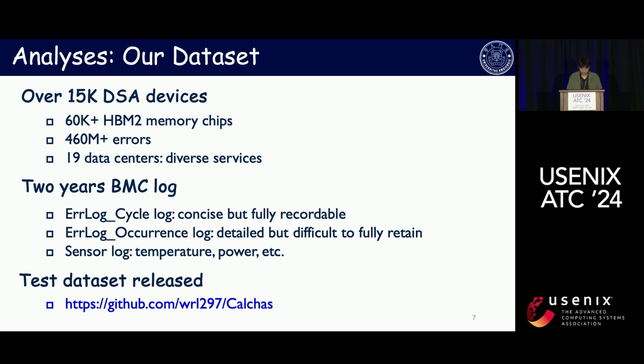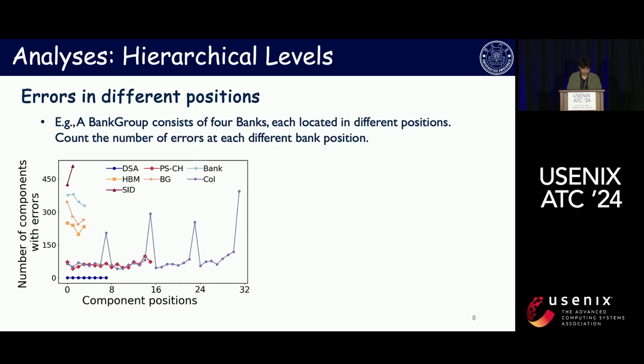These devices are distributed across 19 data centers offering diverse services. We collect BMC logs spanning 2 years, encompassing both concise and detailed error records, along with sensor information. Our test datasets have been made available on GitHub.